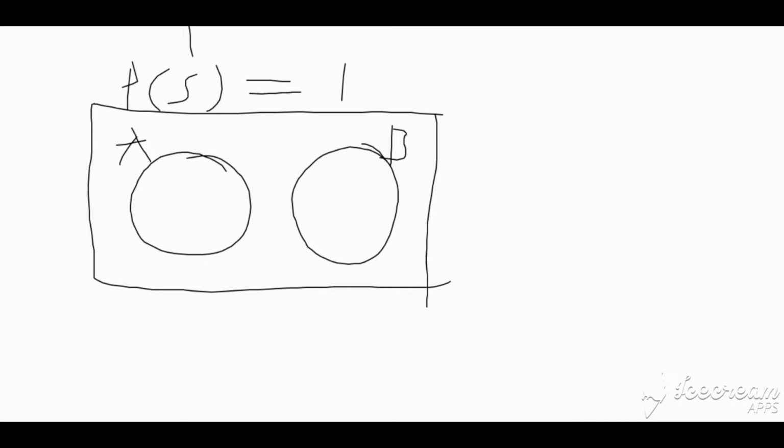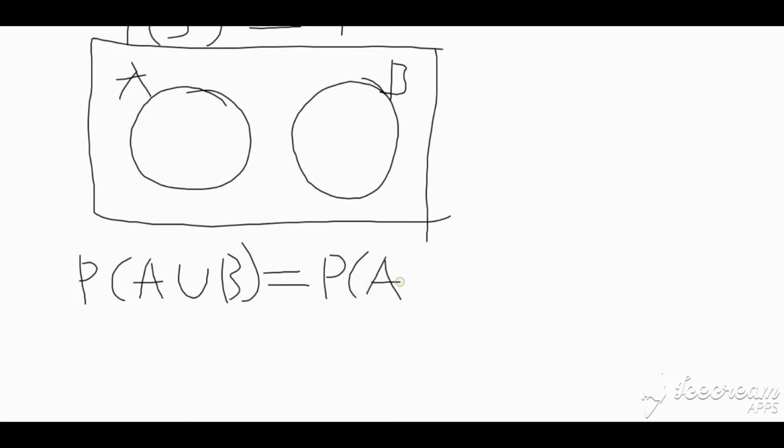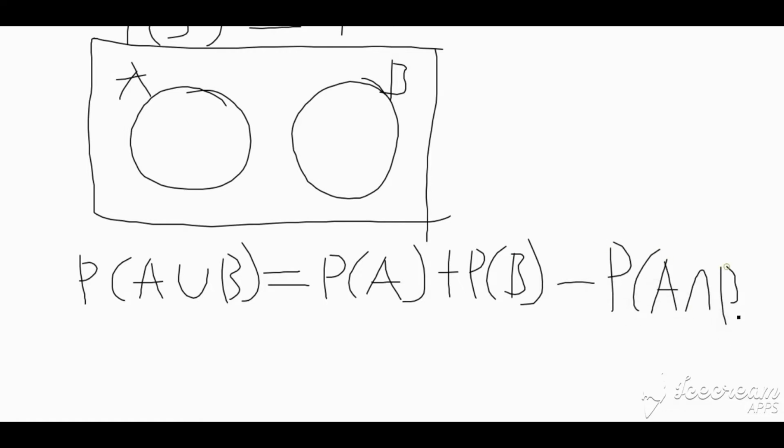Now, this has a lot of implications because we know that the probability of A or B is equal to the probability of A plus the probability of B minus the probability of A and B. Now, based on my diagram, the probability that these two events occur at the same time would be equal to 0. There's no intersection. They can't happen at the same time.